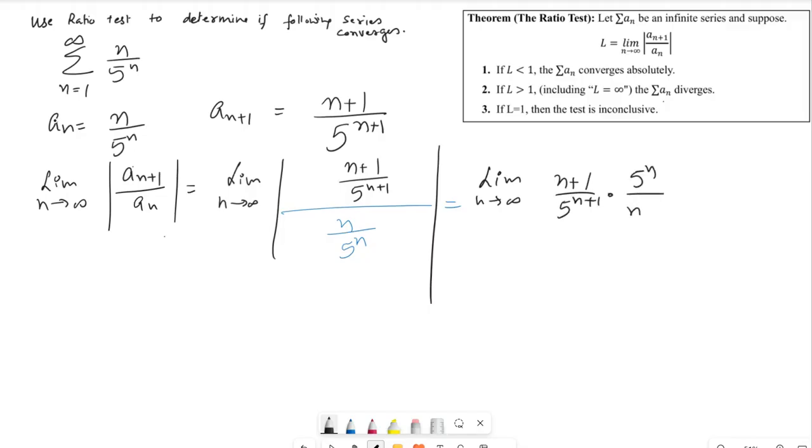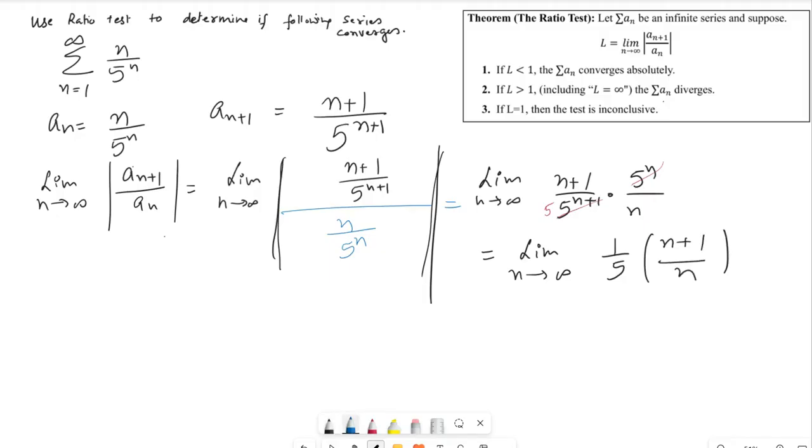Also, you guys notice that all the terms here are positive, so absolute value really doesn't do anything. We can just remove that. Everything is positive. So this is equal to the limit as n approaches infinity. This is 5^n, this is 5^n, which will cancel and only one factor of 5 will be left. So 1 by 5 times (n plus 1) by n.